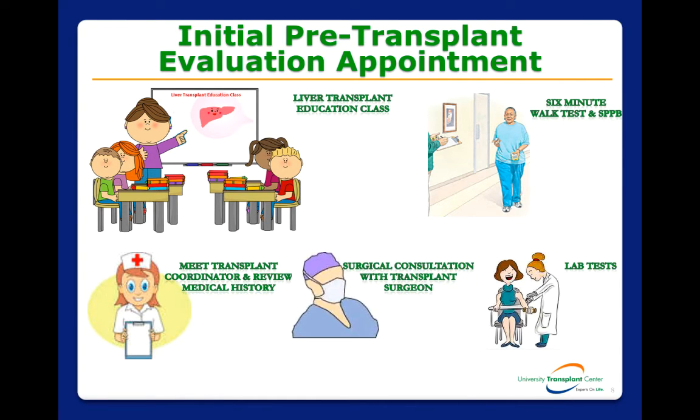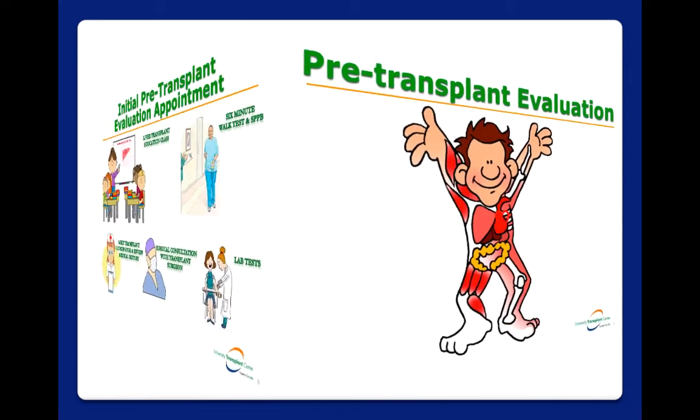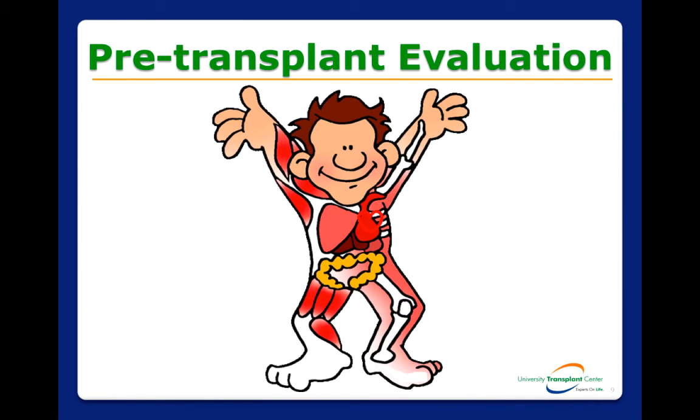You will talk with the transplant surgeon to determine if you should be evaluated for transplant. You will likely have lab tests to include drug, alcohol, hepatitis, and HIV screening. Suitability for an evaluation and transplant is based on criteria that will be discussed today.